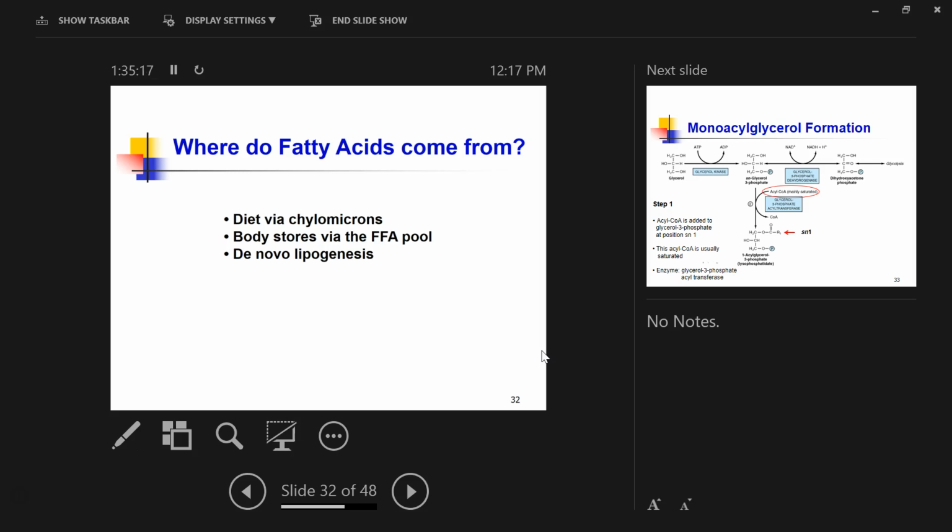So the second source of fatty acids is lipogenesis. Does that make sense? And lastly, the body stores fat, which means we are also able to release fatty acids from stored triglyceride.